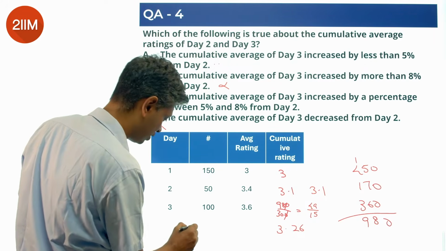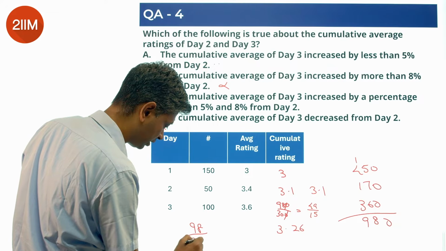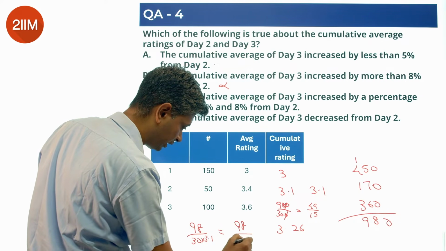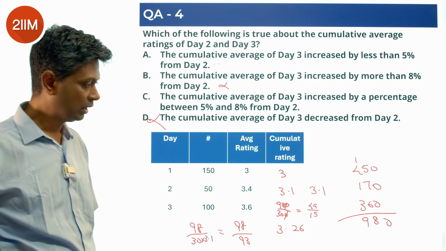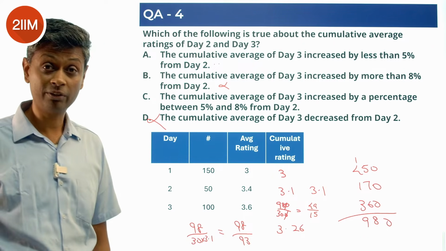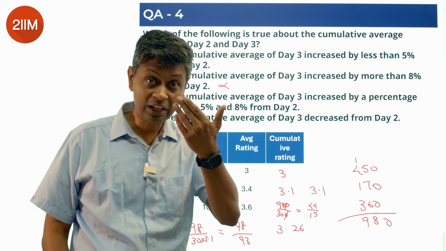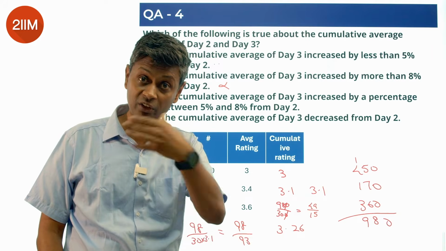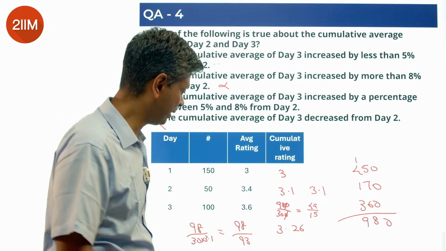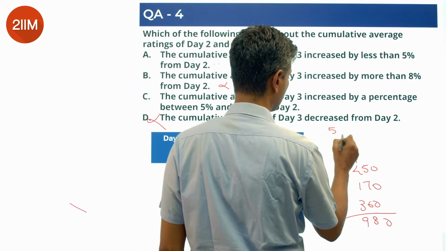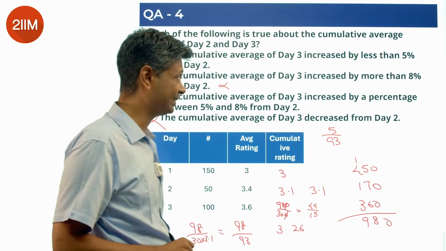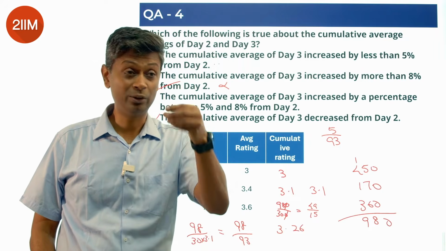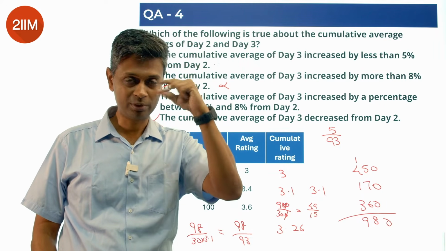Let's do that fraction and think where it is going to be. 98 by 93. 98 by 93 is more than 5%. 105 by 100 is 5%. 98 by 93, going from 93 to 98, the percentage increase is 5 by 93. More than 5%, less than 8%. That's true. I have a calculator, I'm just punching in, getting the value, seeing it as maybe 5.3% or 5.4%, marking the answer.